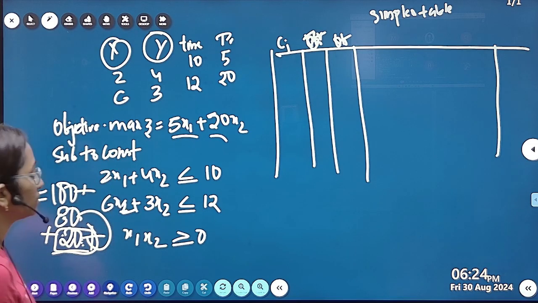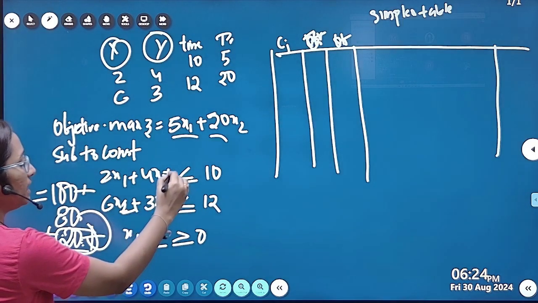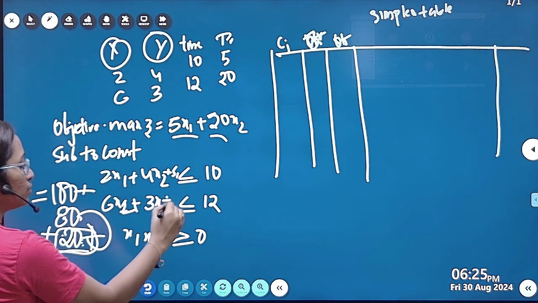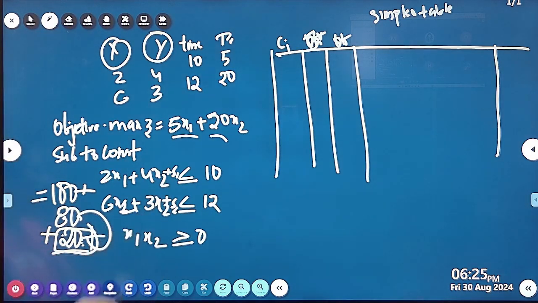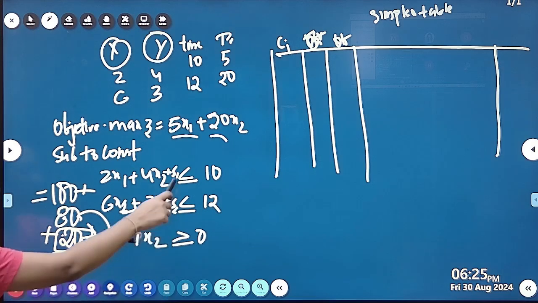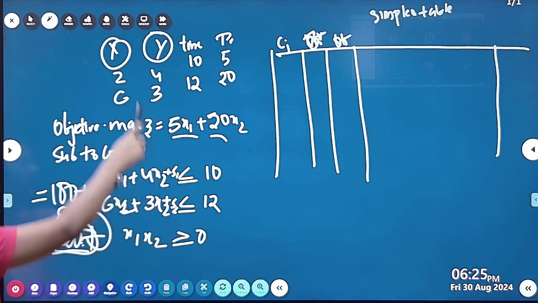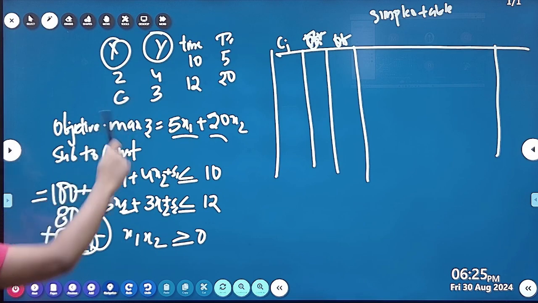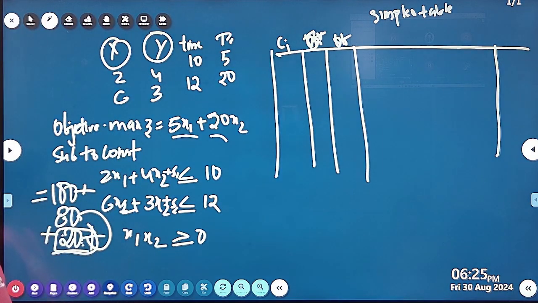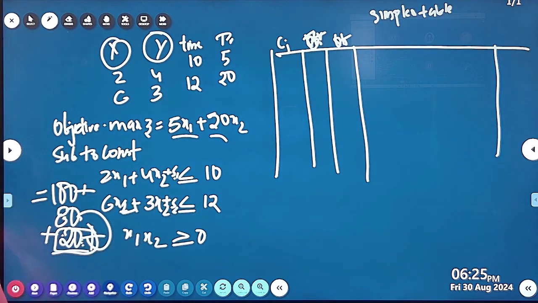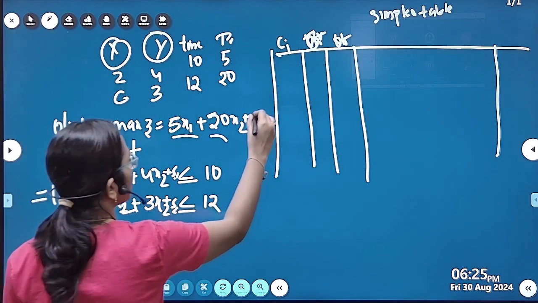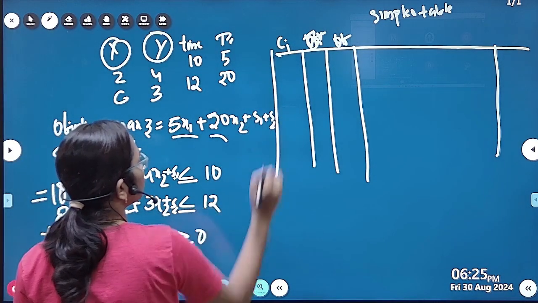So here we'll take S1, S2 as slack variables. By putting S1 and S2, will anything be affected? No, right? So that's why let us put S1 and S2 as slack variables. So plus S1 plus S2.